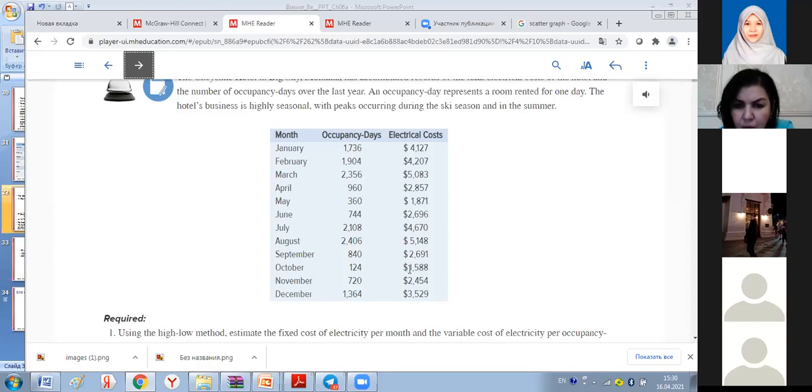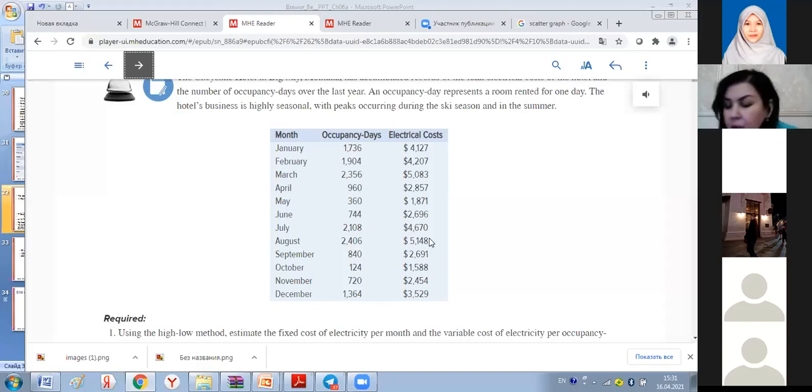So what is the change in cost? Yes, 3,560.